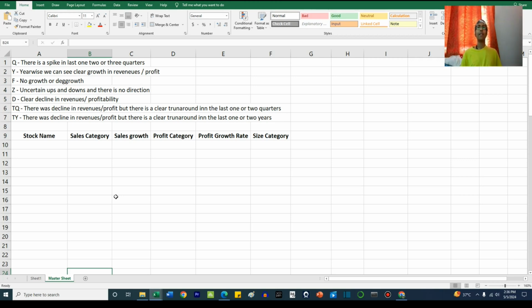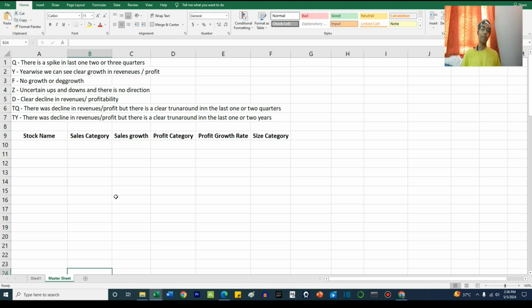Then there are other companies which show certain turnaround patterns. Turnaround patterns means they were loss-making, with negative reserves, declining kinds of companies. But after 7 or 8 years of struggle, or 5 years of struggle, for the last 2-3 years or maybe the last 2-3 quarters, they are showing signs of revival.